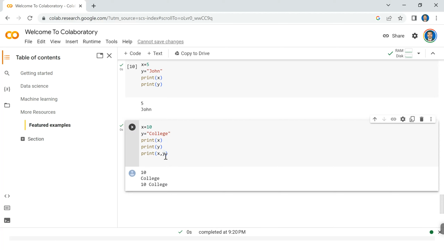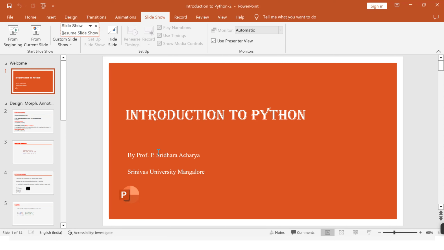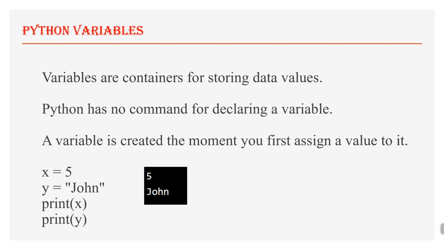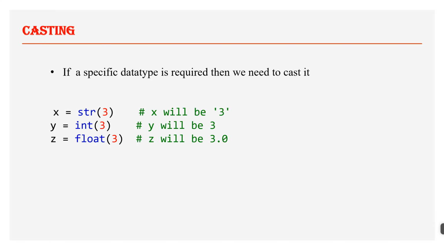So these are the exercises one can definitely do to understand the role of a variable in a Python program. So these are the different ways of handling the variables and outputting the variables.